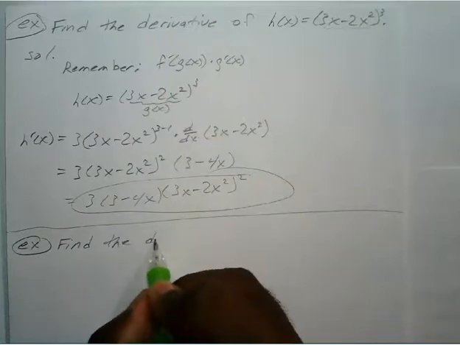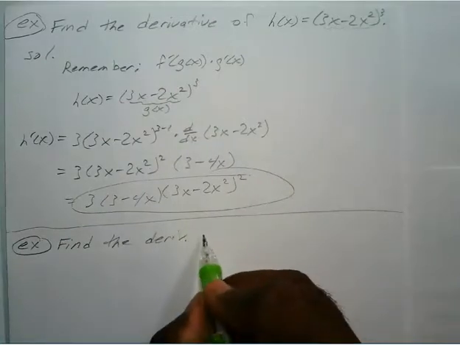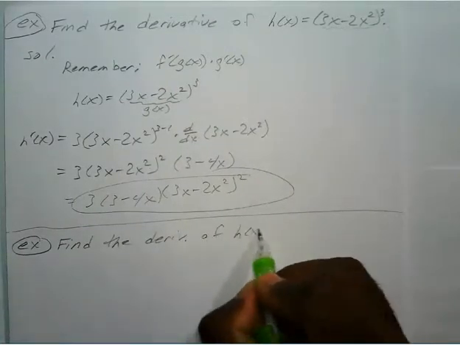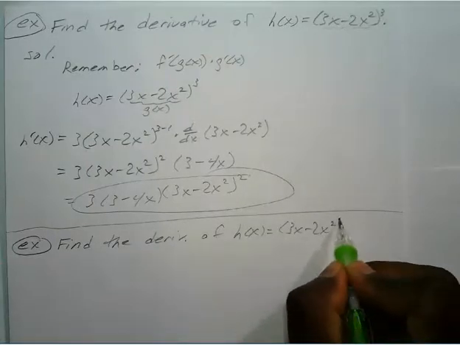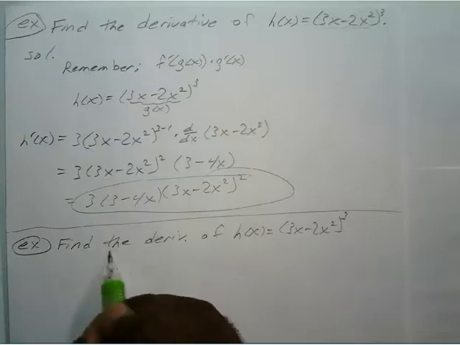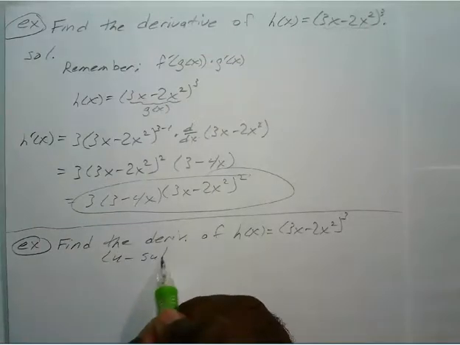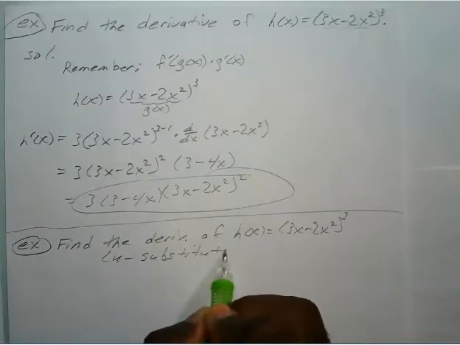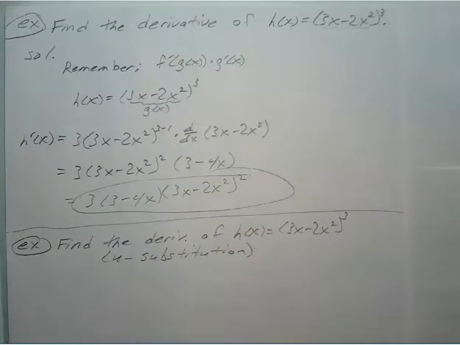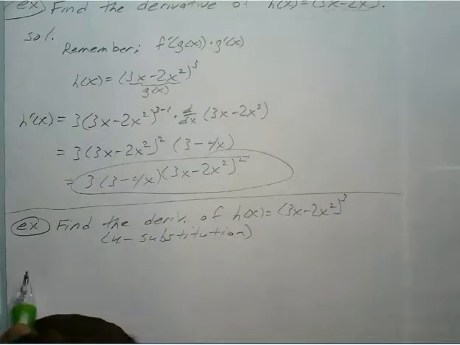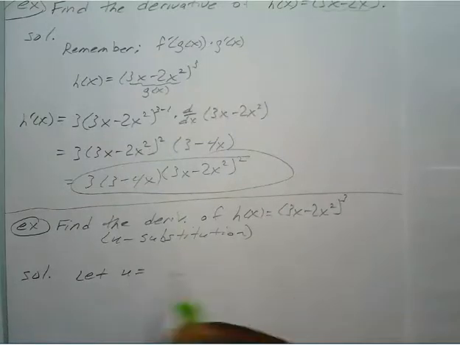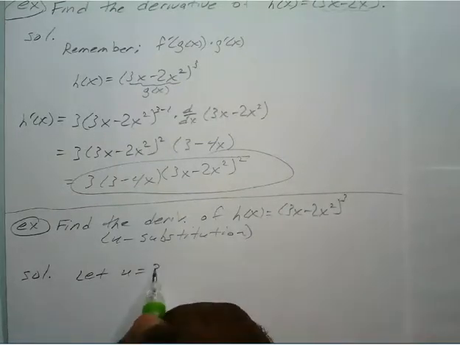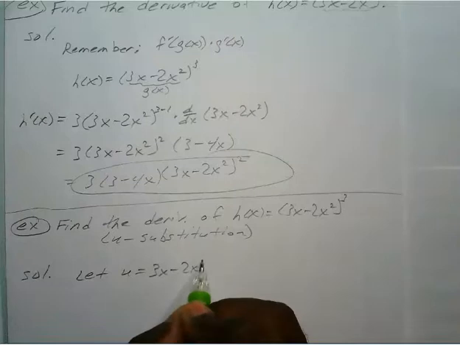Find the derivative of h(x) = (3x - 2x²)³ using u-substitution. Okay, so this one, we let u equal what's inside there, 3x - 2x².